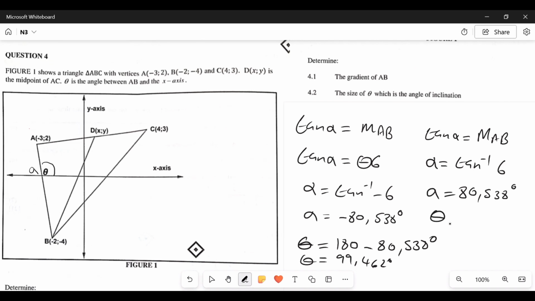Then from there it's 180 minus 80.538, and then our angle is going to be 99.462. Someone may ask, why are we subtracting that 80.538? It is because our gradient is negative.